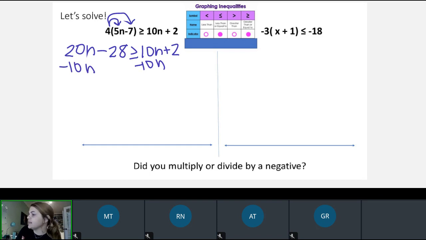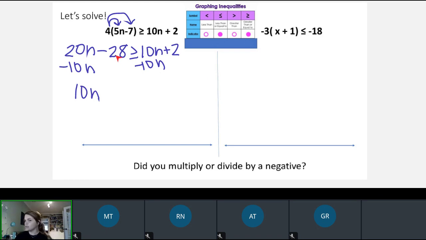So on the right-hand side, I had 10n. That was a positive 10n. So I want to move that. So to move a positive 10n, I'm going to subtract 10n. So now on the left, I have 20n minus 10n. And notice when I subtracted my 10n, I subtracted it from the other one that had an n. We don't want to do -28 minus 10n, because 28 doesn't have any n's.